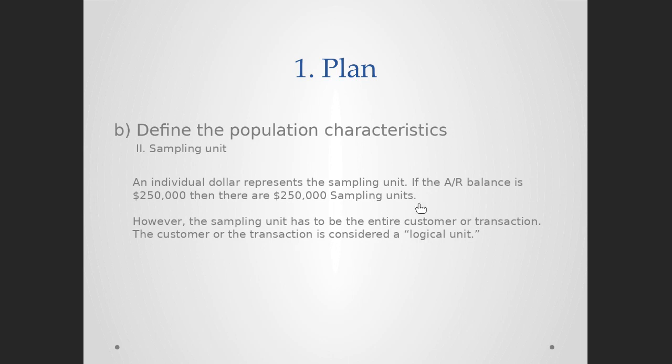So the sampling unit has to be the entire customer or transaction. The customer or the transaction is considered a logical unit. Okay. So what does this mean? Let's go back to what we were looking at a minute ago.